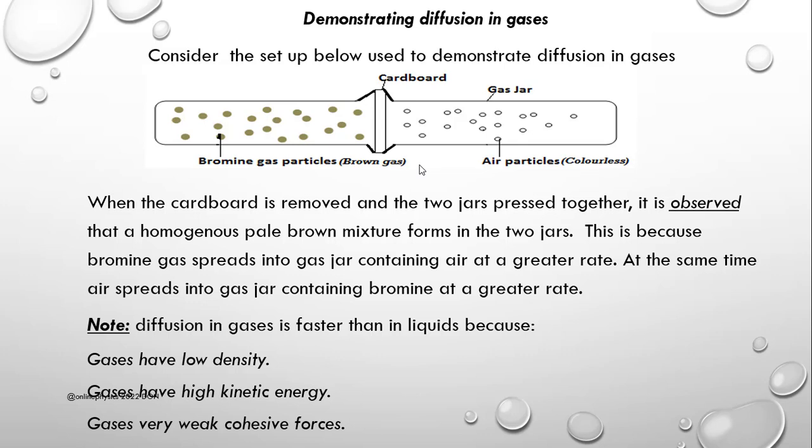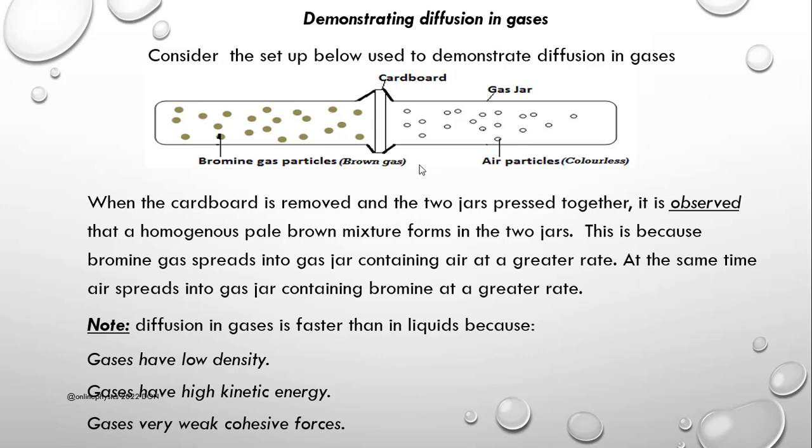Remember, bromine is a brown gas, but when they are pressed together, it is observed that a homogeneous pale brown mixture forms in the two jars. This is because bromine gas spreads into the gas jar containing air at a greater rate.